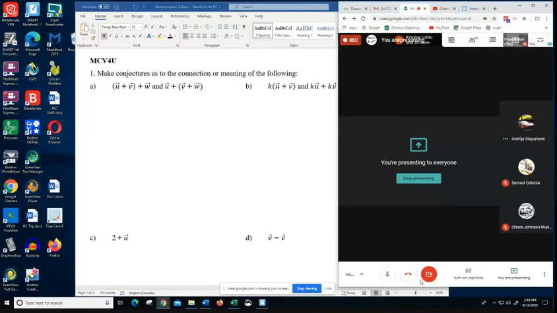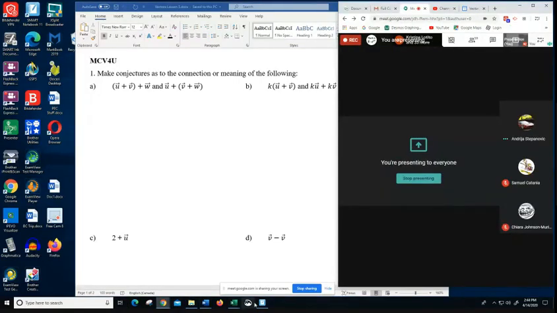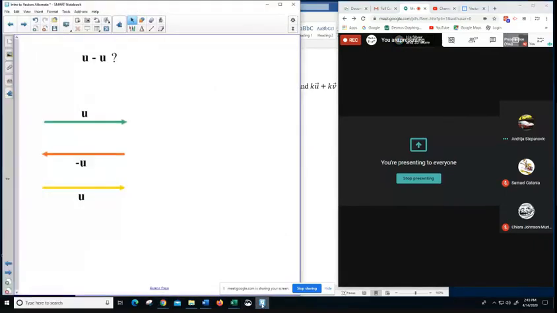Okay, so we're back, and let's take a look at some diagrams here to justify these properties. So if I want to consider something like u minus u, let's consider it from our 2 perspectives of subtraction. So one perspective of subtraction is to add the opposite vector.